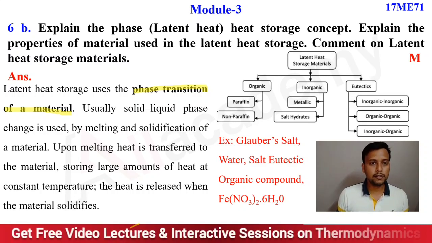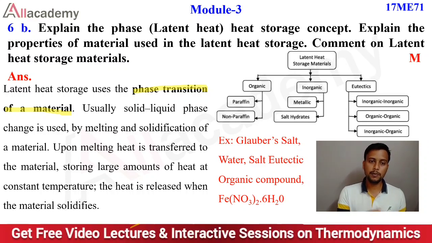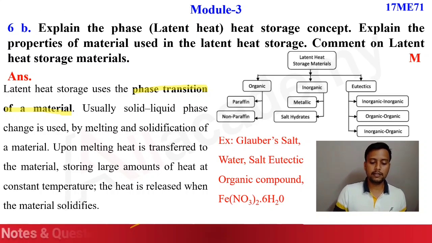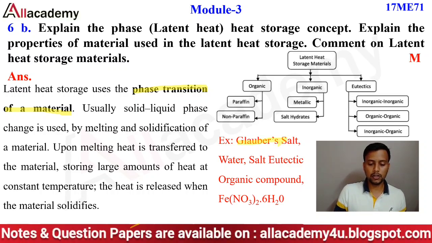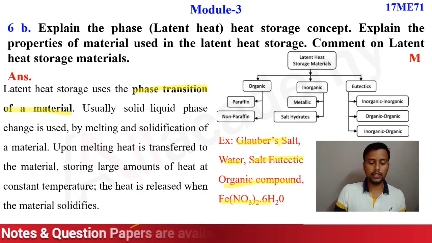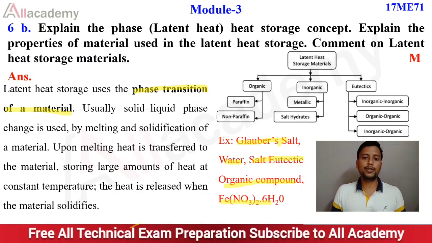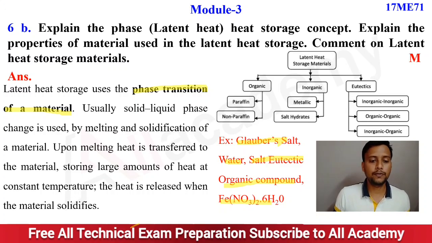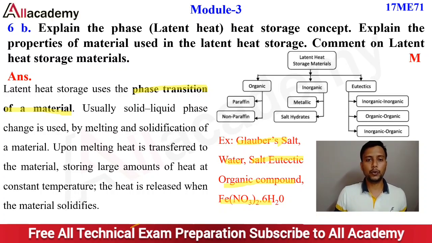Then examples, you have to write examples, because for the properties you have to take some names of these latent heat storage materials: Glauber's salt, water, salt eutectic, organic compound, Fe(NO3)3·6H2O. So these are examples of some of the latent heat storage materials.